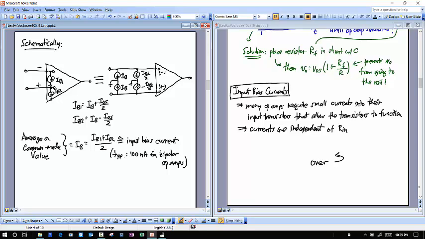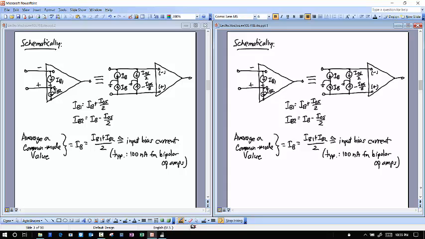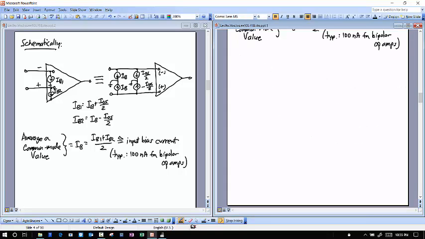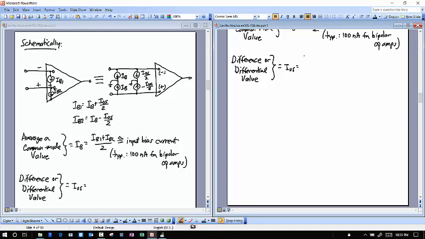And so the other value that I'm interested in is the IOS value. And like I said, the IOS value is the difference value. So I could say the difference or differential value. And that we give the symbol IOS, and that's simply equal to the difference between the two currents, so IB1 minus IB2.